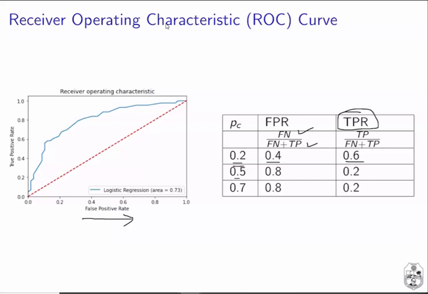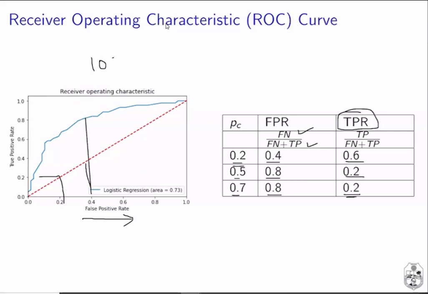And if you plot a graph of TPR versus FPR, you will get a graph like this. The red line indicates that FPR and TPR are the same. So if the FPR is 0.5, the true positive rate is increased, that is 0.8.